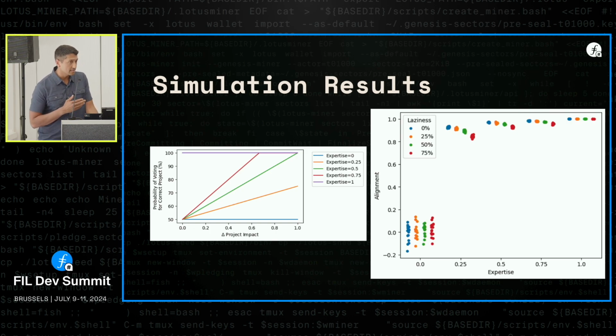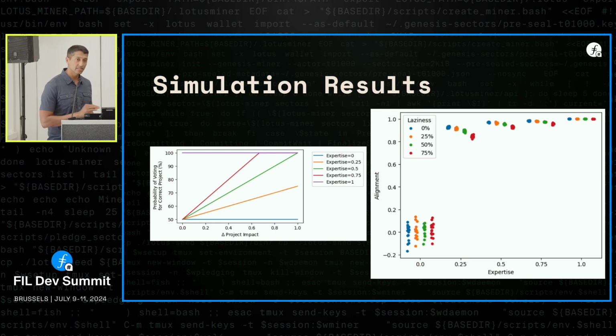On the x-axis here is what we call badge holder expertise. If a badge holder has an expertise of 0, that means they're effectively making random decisions. They're not an expert, but they happen to be a badge holder and they're voting. And a badge holder with an expertise of 1.0, this is just an arbitrary scale, means that they're making perfect decisions all the time.